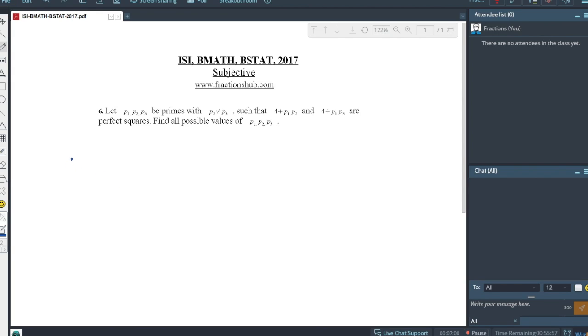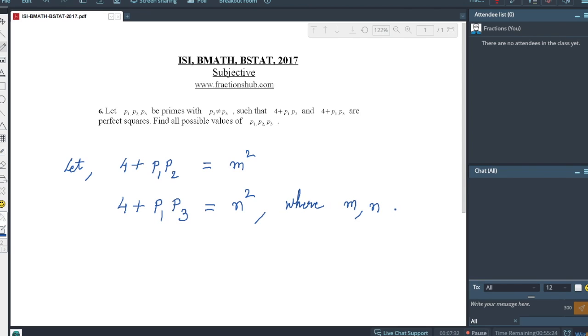So let 4 plus P1 times P2 be equal to some m square, and 4 plus P1 P3 be some n square, where m and n belong to the set of integers.